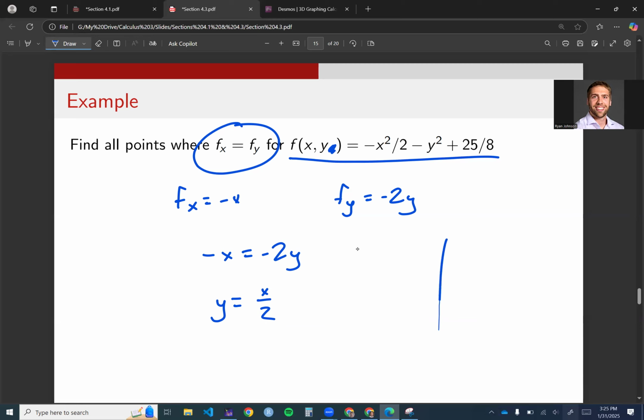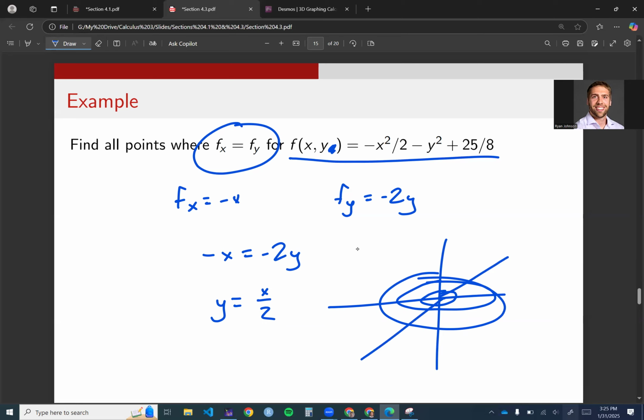So if you're looking down on this paraboloid hill, the x's go like that. And so when y equals x over 2 like that, then you're moving perpendicular to the topographical lines, because your slope in the x direction and the y direction are the same.